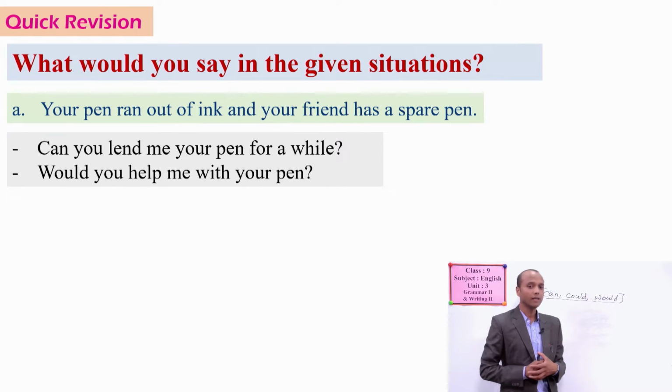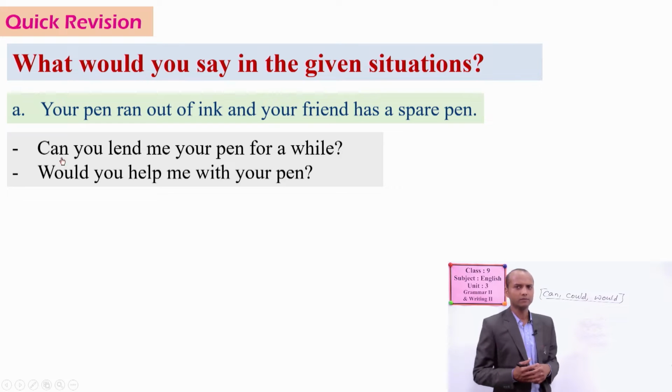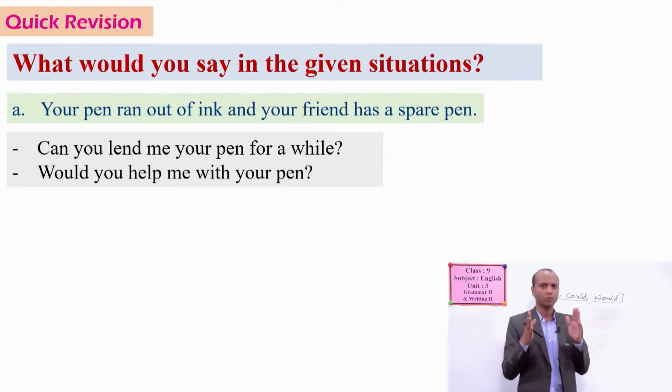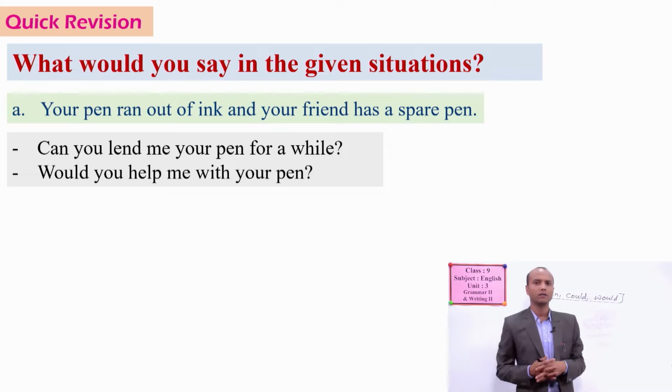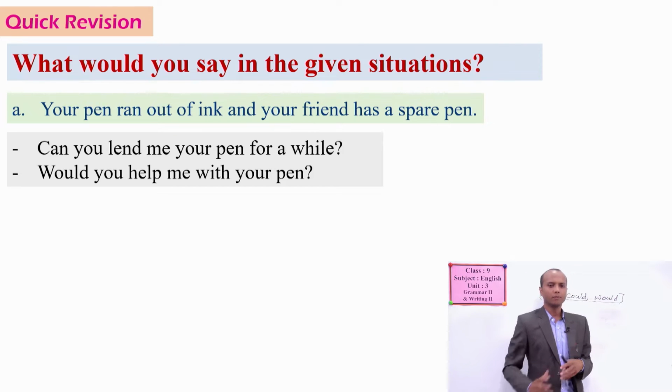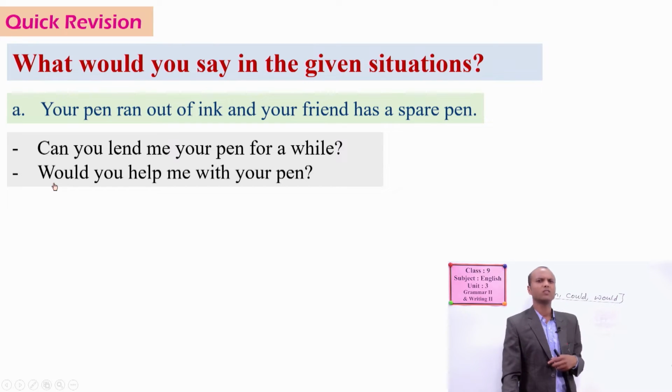Or, would you help me with your pen? If you use can like this, you are a little bit informal. Suppose you and your friend know each other very well, then can is fine. But if the person is not well known to you, then you have to use would or could. Good.